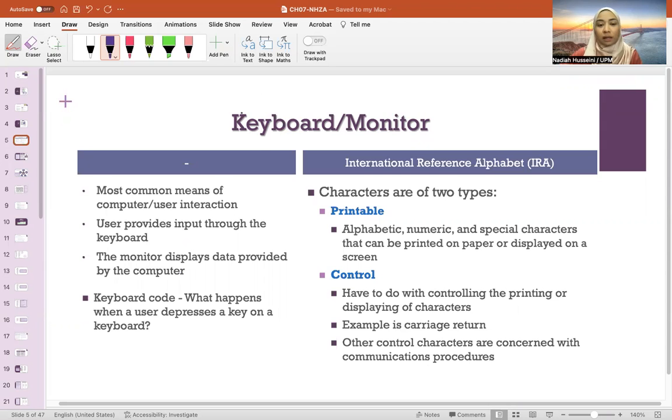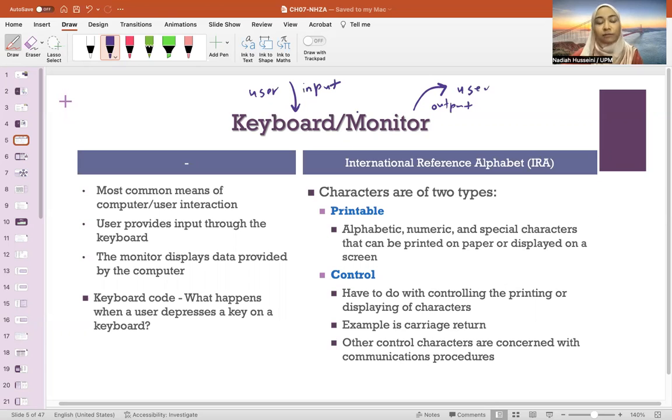Now, the way that the keyboard and monitor are designed, I, as the user, give input to the keyboard in the form of typing, and the monitor gives output to me as the user. The user gives input over here, and the monitor gives output to the user.